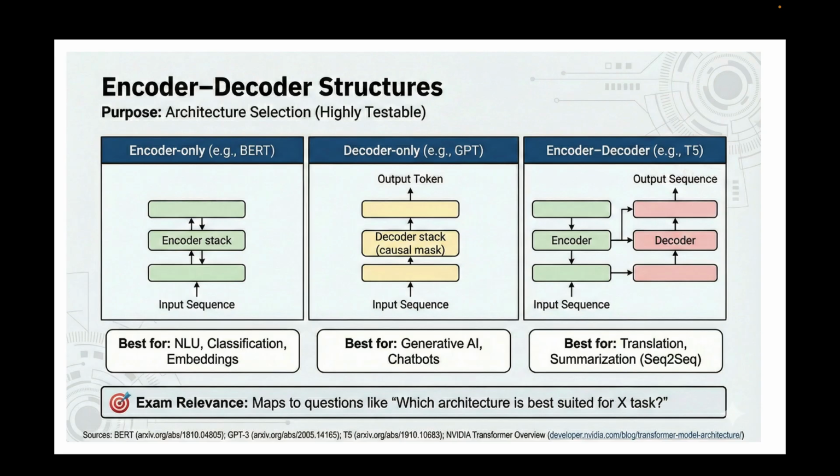This is your classic sequence-to-sequence architecture. It is the ideal choice when your input and output are fundamentally different sequences, such as language translation or text summarization. As a reminder, the exam loves scenario-based questions, testing your ability to pick the right architecture for a specific task.